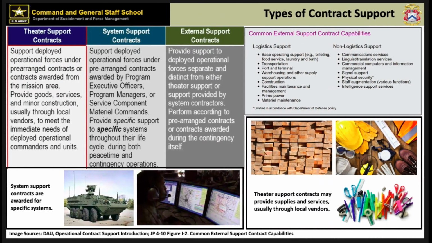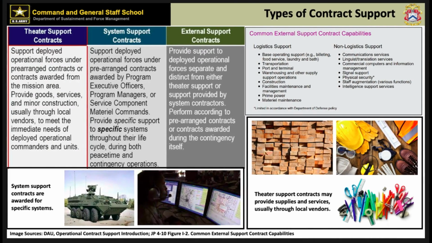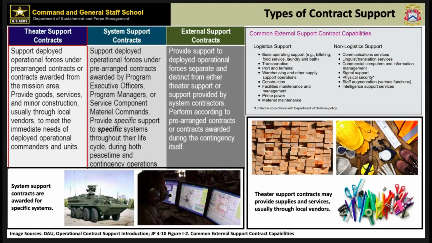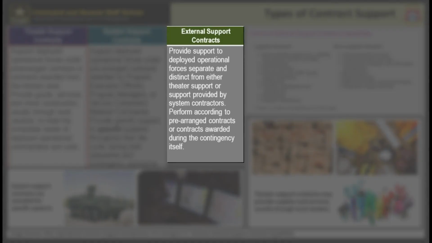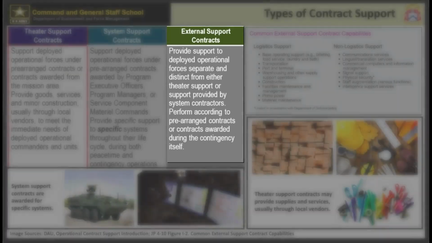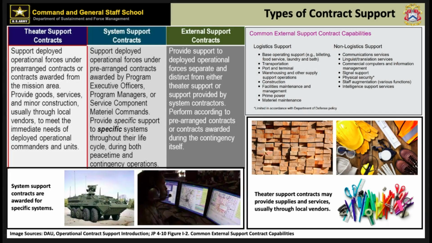There are 3 different types of contract support used in military operations. Theater support. These contracts are awarded by service contracting officers deployed in the operational area. External support. These are contracts awarded by contracting organizations outside the operational area.